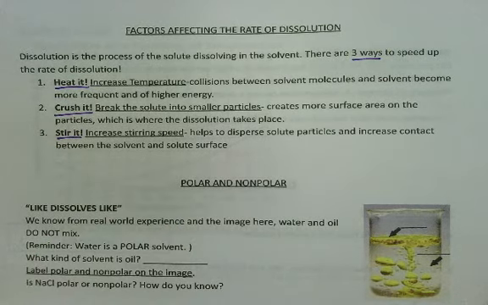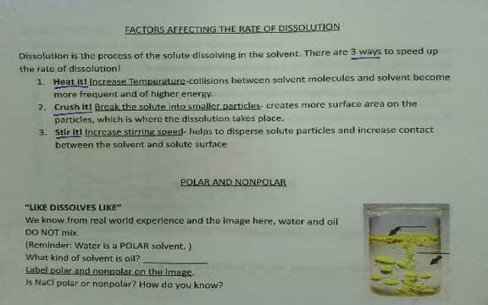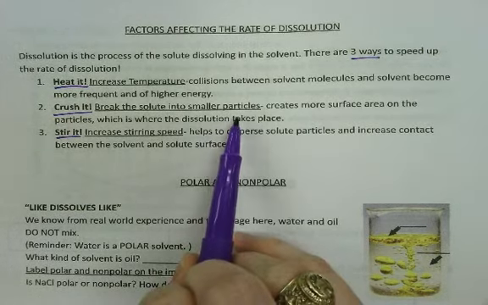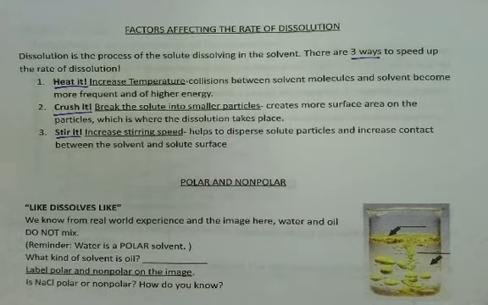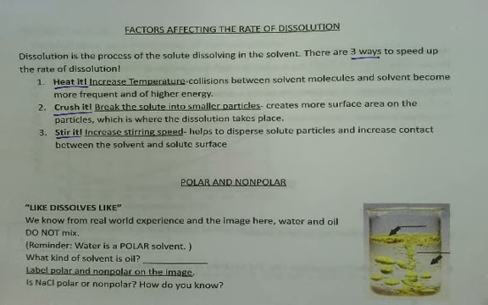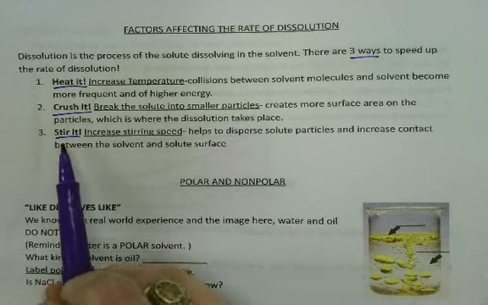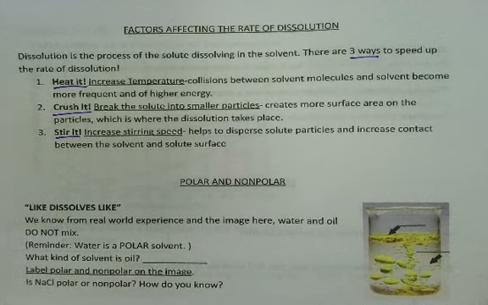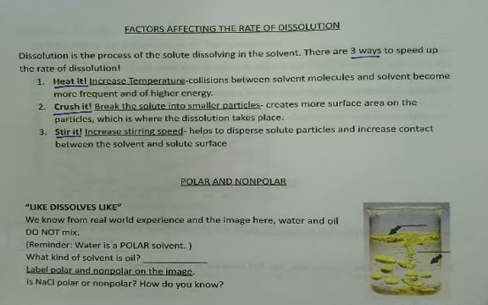So our second way to increase our dissolution is to crush our solute. So if we have a block of sugar and we crush it up into smaller particles, we're going to create more surface area on those particles, and so this is going to speed up the rate of dissolution. And finally, if we stir something, this is going to help us increase our rate of dissolution as well.